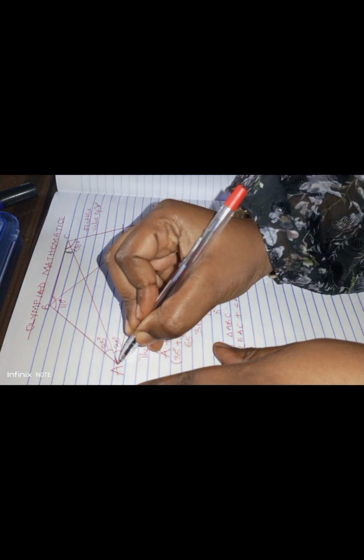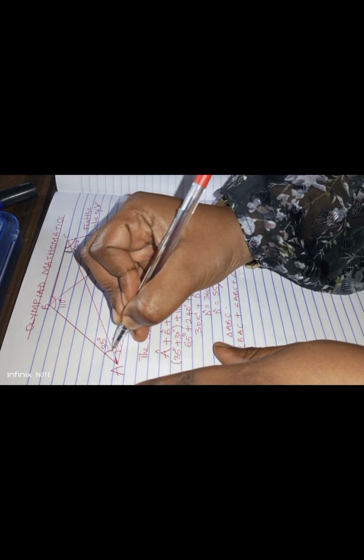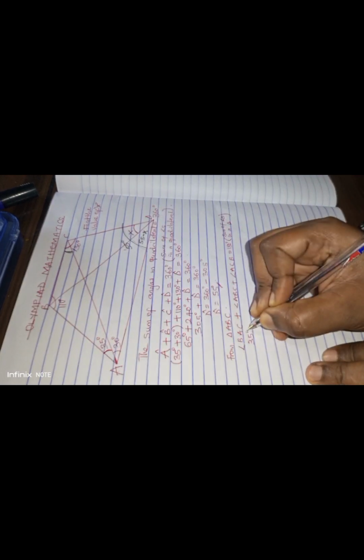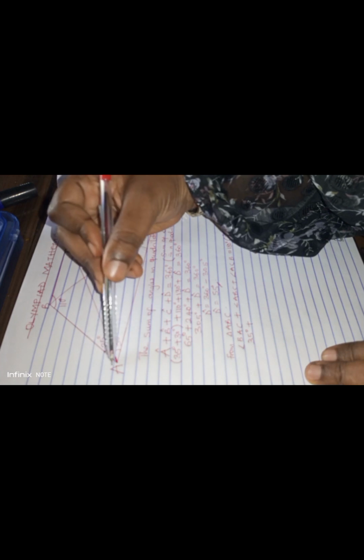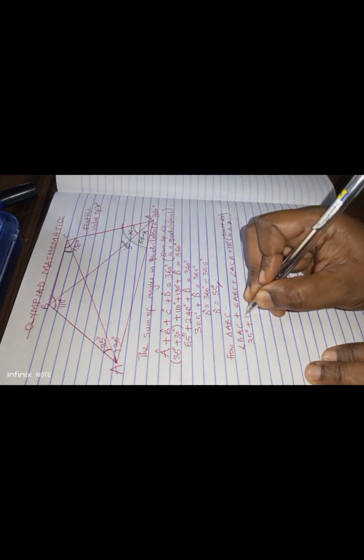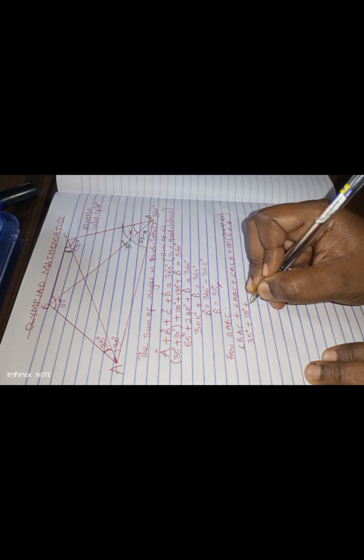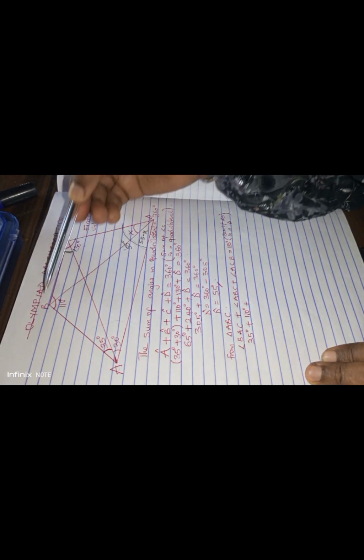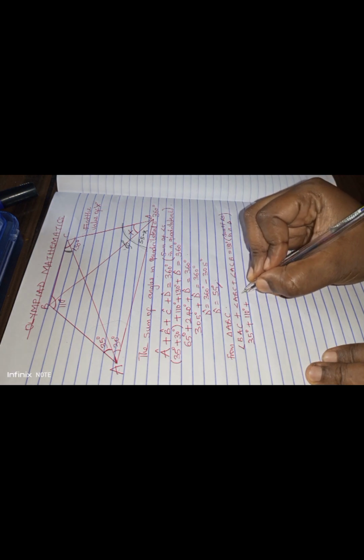So angle BAC, this is it, that is 35 degrees. So 35 degrees plus angle ABC. Angle ABC is 110 degrees plus angle ACB. We are yet to know that. That is what we want to find.